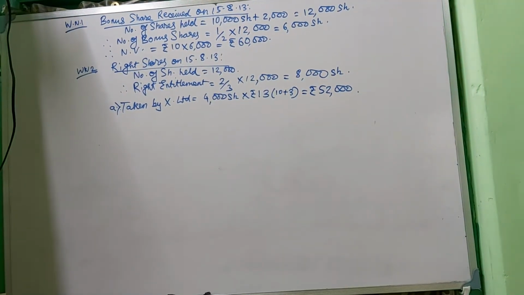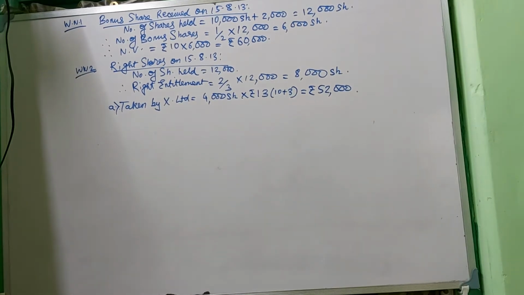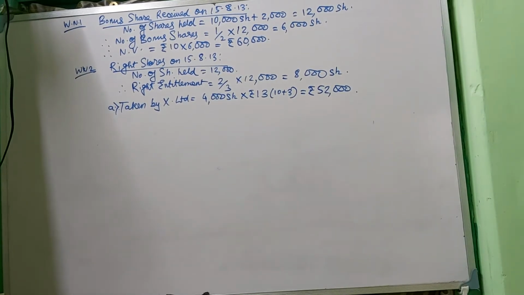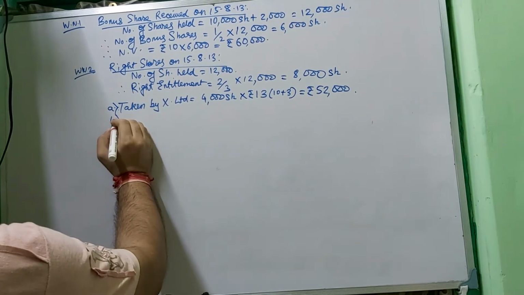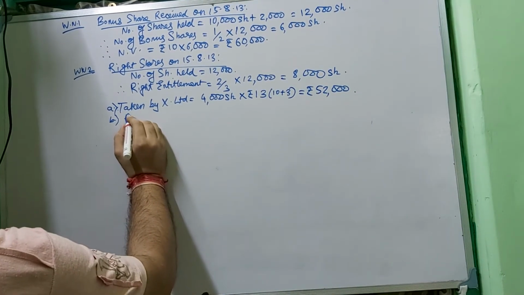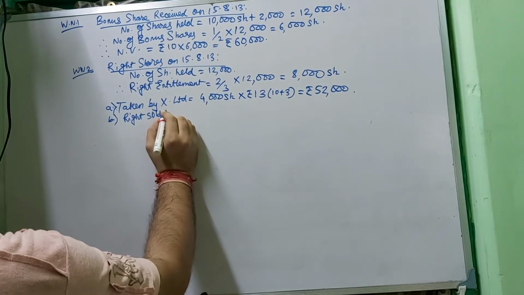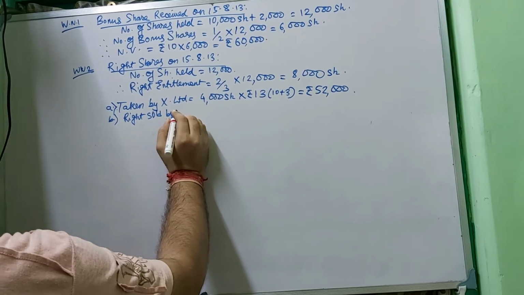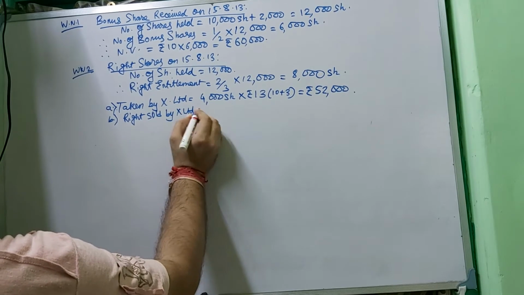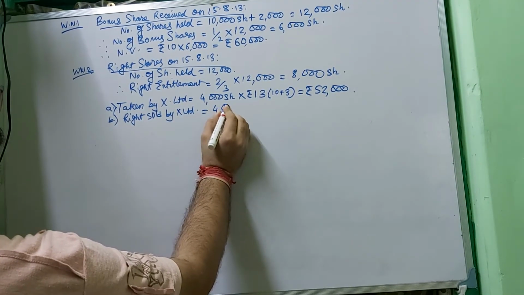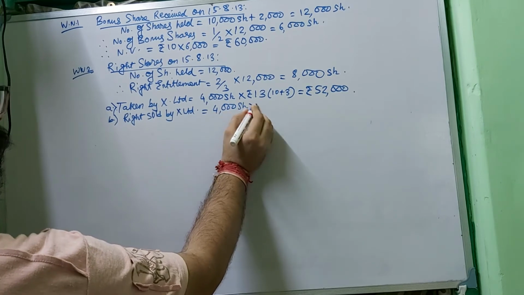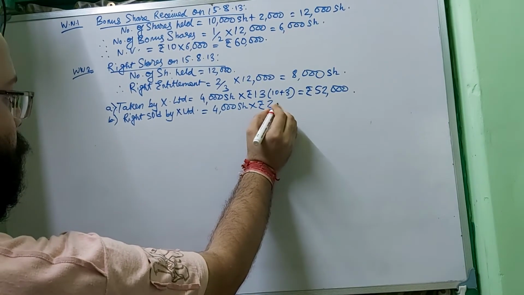Okay? And right has been sold, 4,000 at the rate of 2.5 each. So right sold by obviously X Limited, 4,000 shares of rupees 2.5 each.